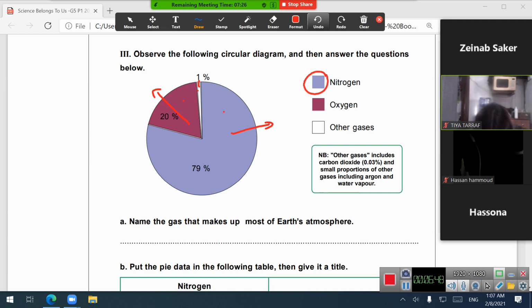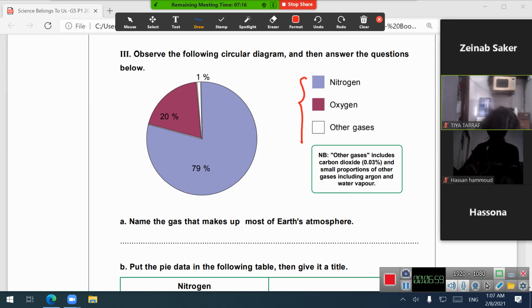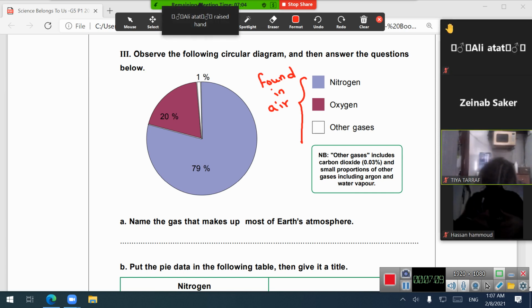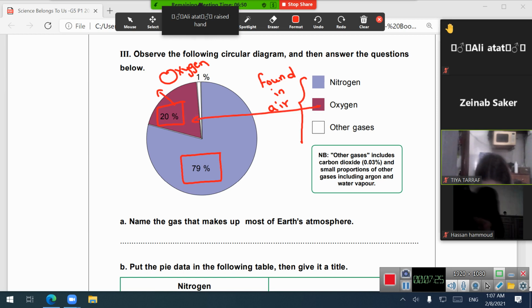This one is the nitrogen gas. Nitrogen gas is a gas found in the atmosphere or in the air. All these gases are present in the air. The amount of oxygen is 20%, because this color is related to oxygen.